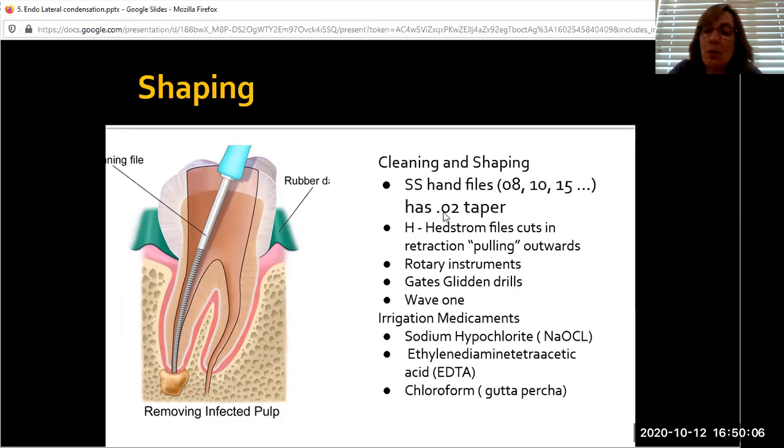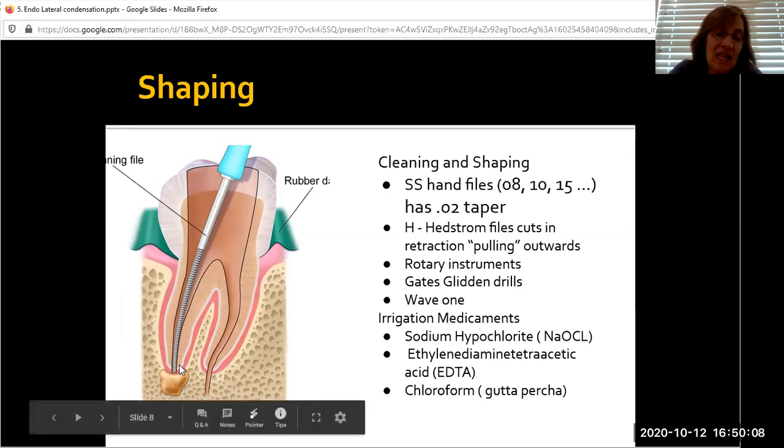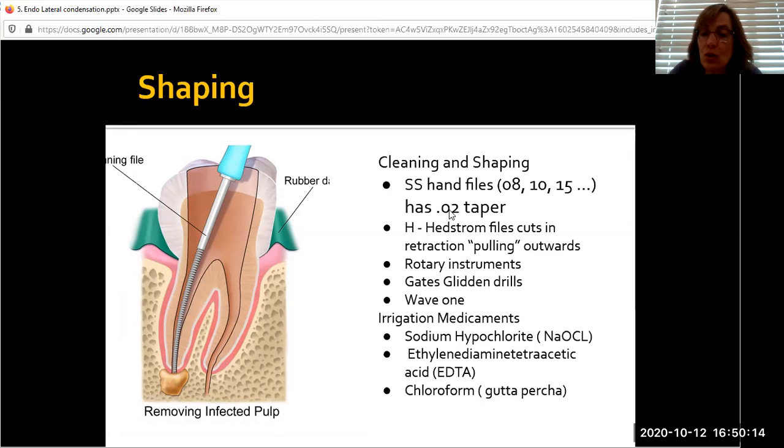Some may have a 0.2 tapering, meaning that at the tip on up, the taper gets wider by 0.2%. There are H headstrom files, and these cut in a retracting, pulling outward fashion. There are rotary instruments that you put on your slow speed. The Gates Glidden is one of them.